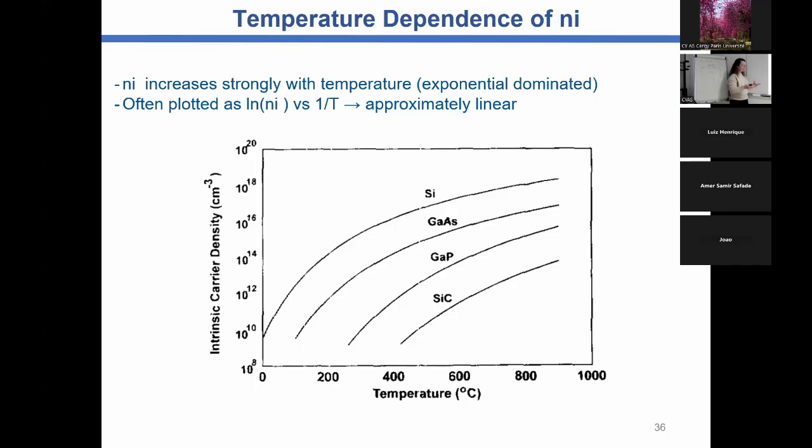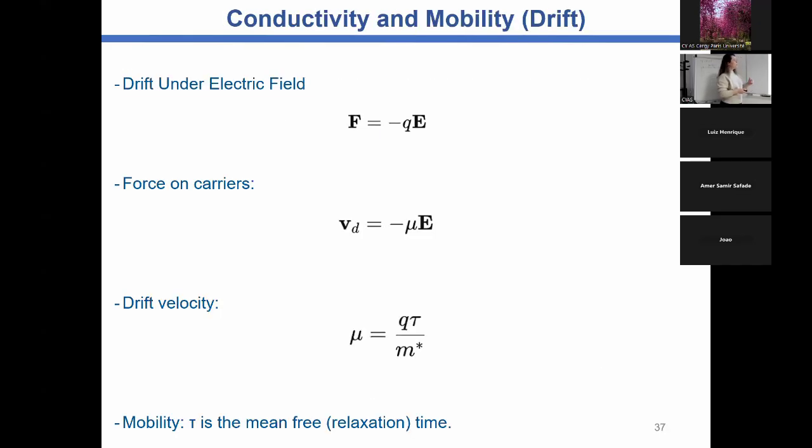When we have carriers, even minority carriers or majority carriers, electron or hole, depending on doping, we want to understand how these carriers can move inside the distance that we defined in the device.